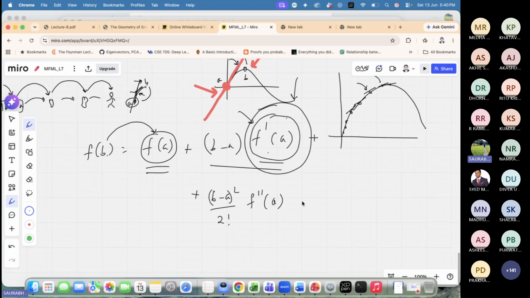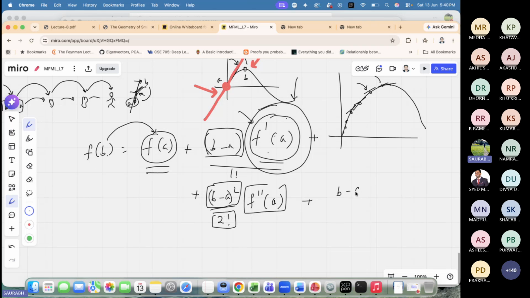If you continue this intuition, you can write it as: you started from (b minus a) to the power 1 f dash a divided by 1 factorial. Then you have (b minus a) whole square f double dash a divided by 2 factorial.